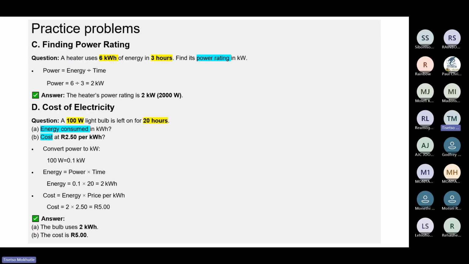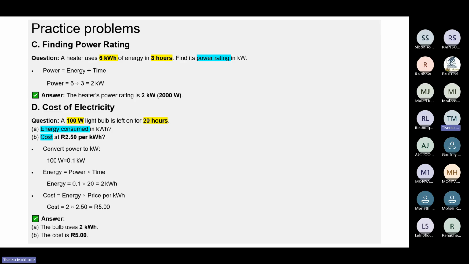The other way the question can be asked, you can be asked to determine the power rating. Now the power rating will be energy divided by time. So a heater uses 6 kilowatt hours of energy in 3 hours. Find the power rating.